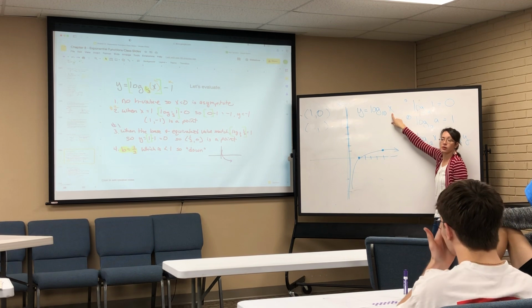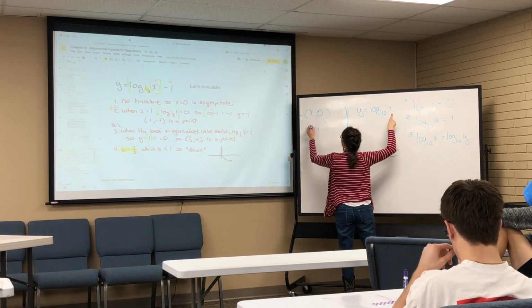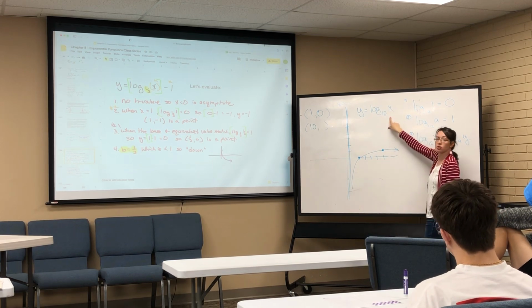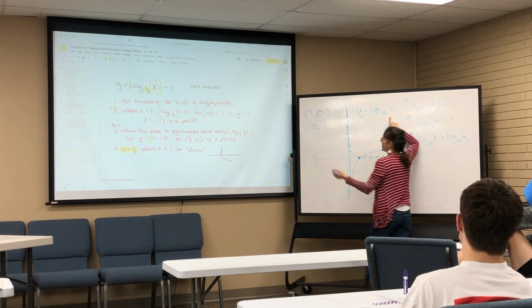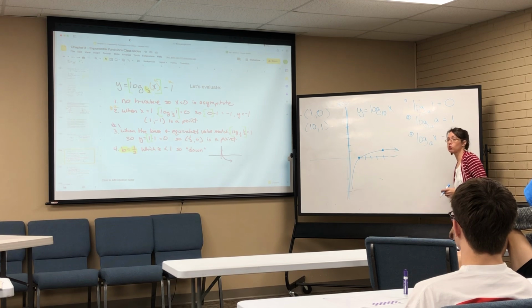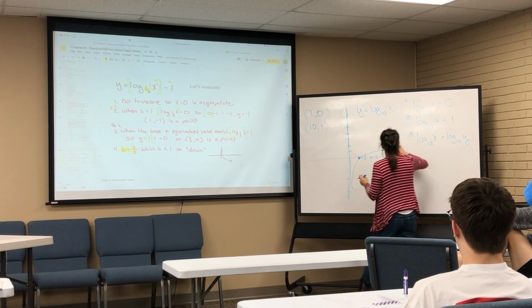What would be the next one that I would choose? 10. When x is 10, this entire log value turns into, did you say 1? Good. 1. So now I have 2 points. I would plot those 2 points. Okay? Is that making sense? Okay.